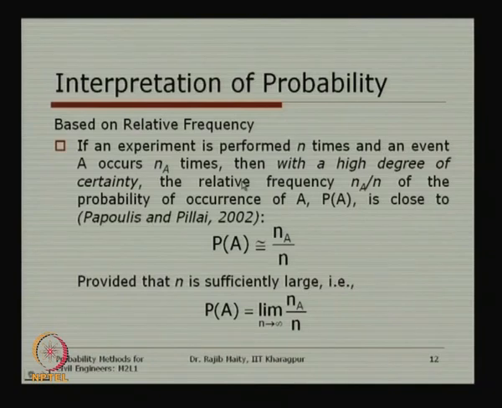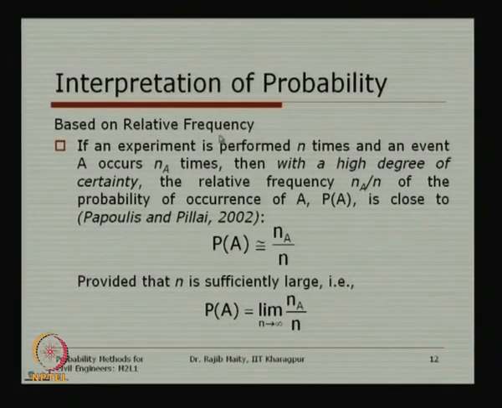Before that, we should know the classical definition of probability. As I told you, we should have a very long record available, or if we are conducting experiments, we should conduct the experiment for a very long time, so that the number will approach a particular constant value.